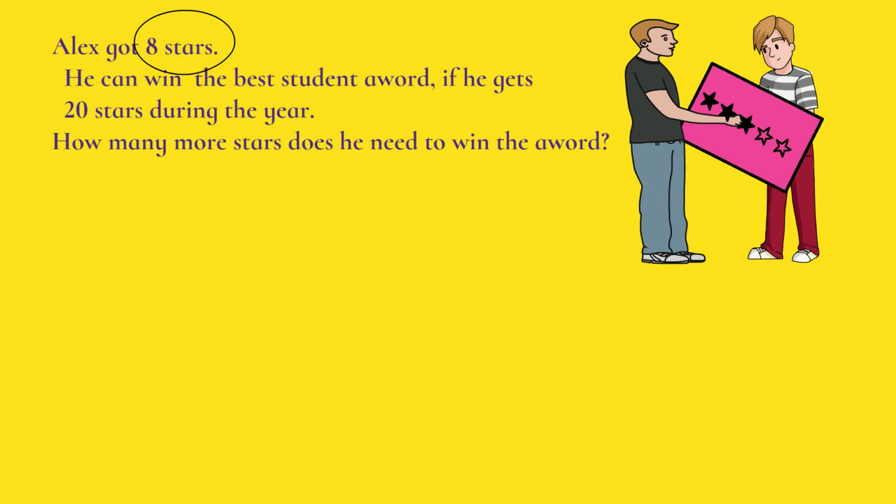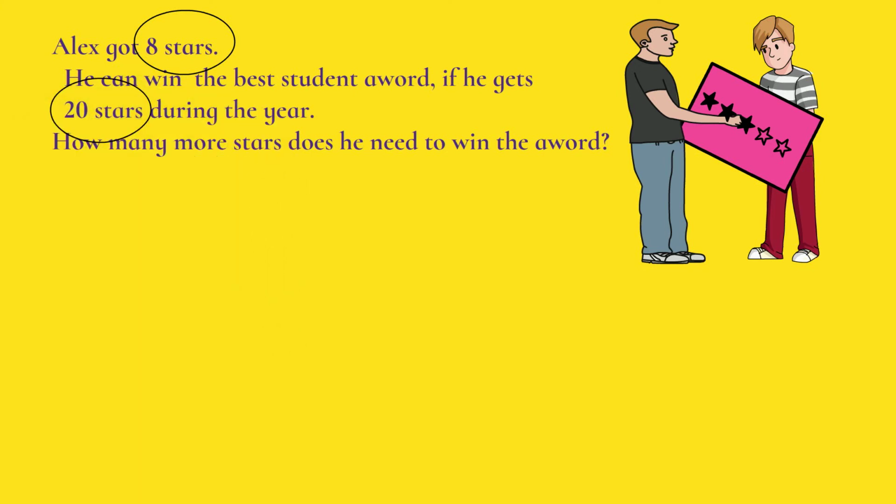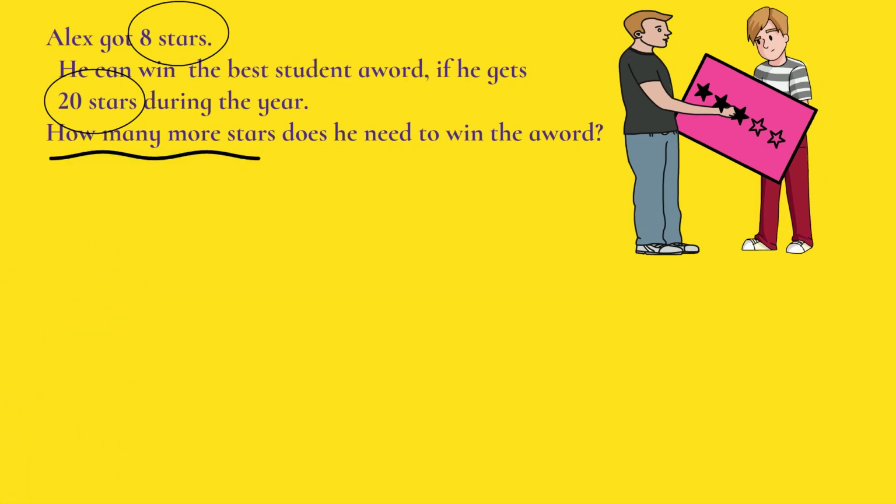He can win the Best Student Award if he gets 20 stars during the year. How many more stars does he need to win the award? We are asked to find how many more, so we need to do subtraction.